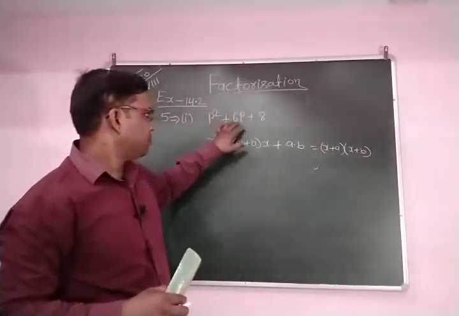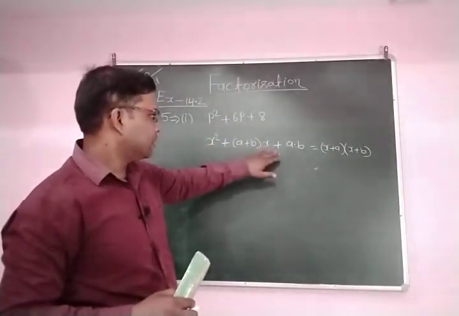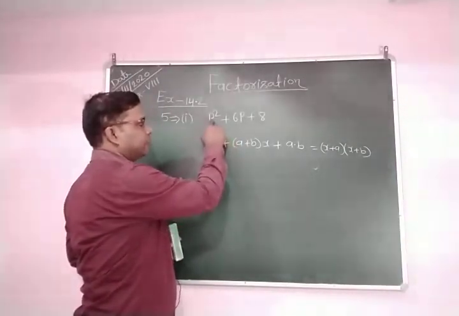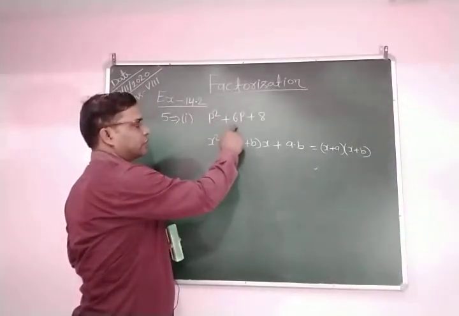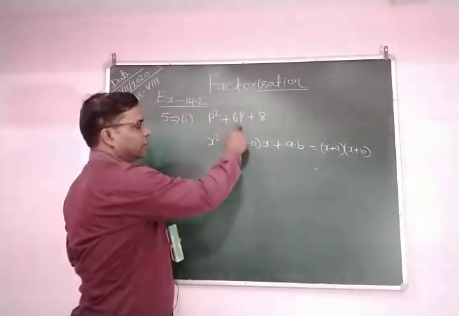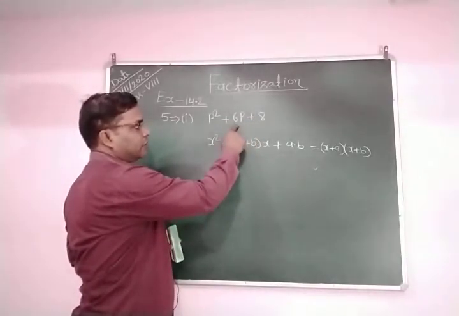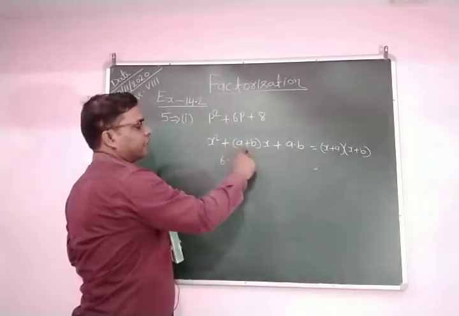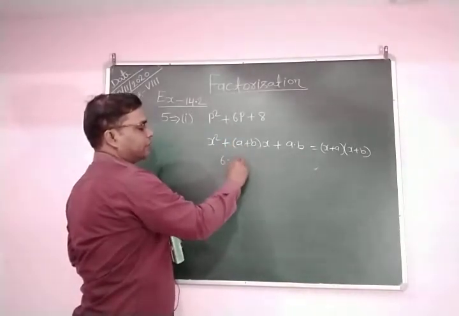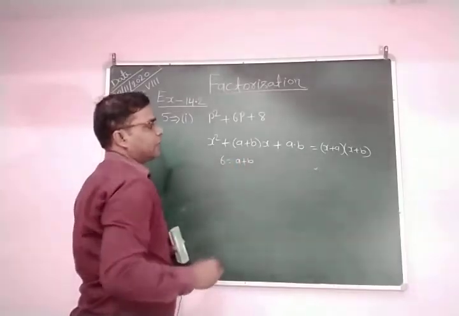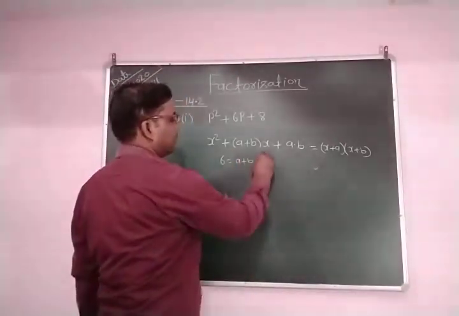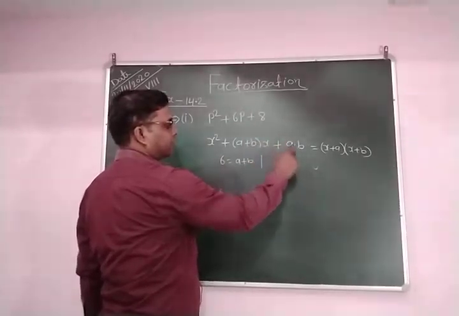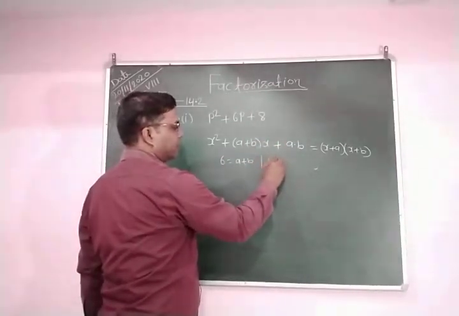Clear? Okay, so if you compare the given expression and this expression, then we obtain p as the variable here, 6 is a constant and it is also a constant. So the coefficient of the variable p is 6, and in this case the coefficient of the variable is a plus b. Clear now? And here you can see the constant term is 8 and the constant term is a into b.